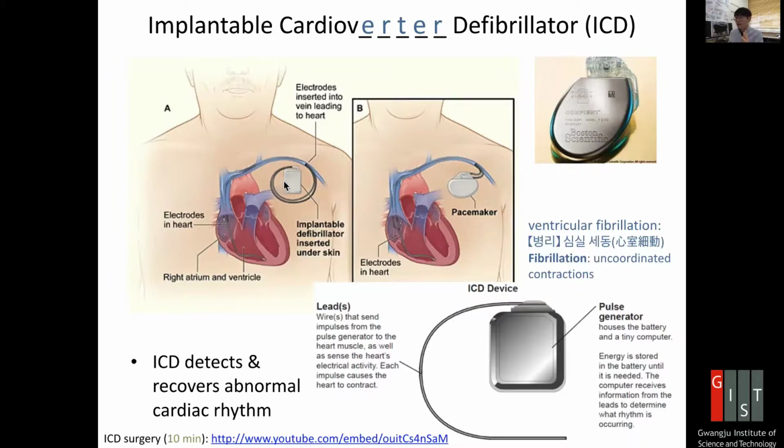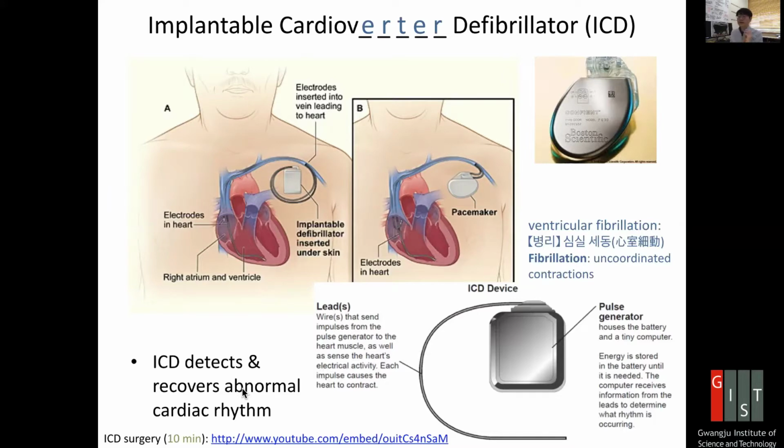It has to read the heart's signal and have an algorithm for when it becomes a problematic state. It has to send out a strong electrical shock impulse to reset or defibrillate the heart. So this implantable cardioverter defibrillator actually has to detect and recover abnormal cardiac rhythm.